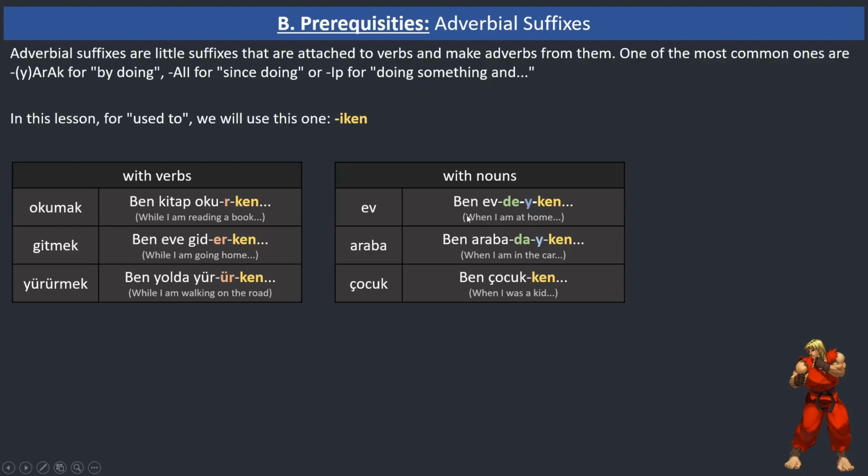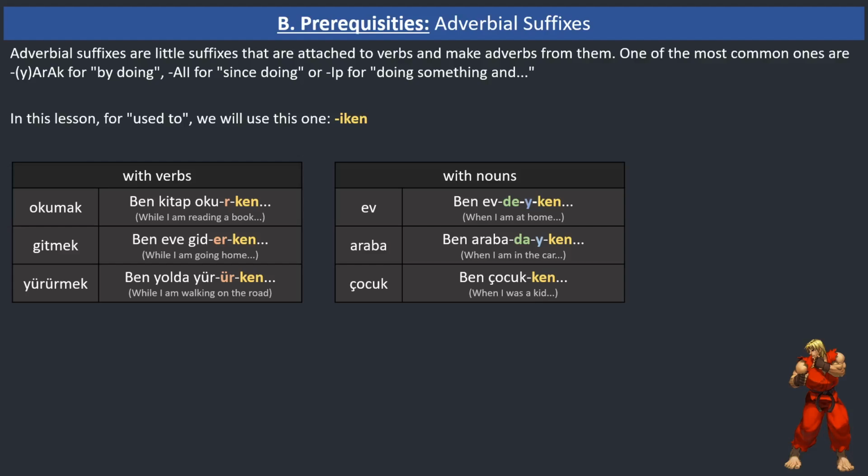This time it's more like "when I'm at home". Or araba, car, da, in the car, ken: arabadayken, when I'm in the car. Like arabadayken kaza oldu. When I was in the car, an accident happened. Or ben çocukken. Çocuk, kid or child. So çocukken, when I was a kid.